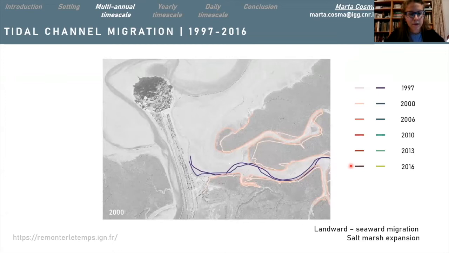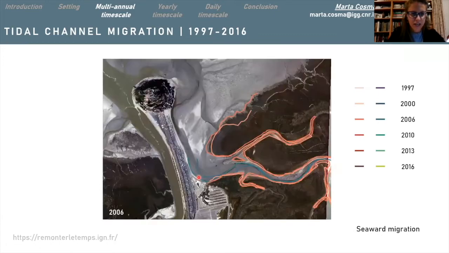So in time, what happened is that there is a general seaward migration of the tidal channel Talweg, but in some places like these, which are our study cases, there is also a landward shift of the channel in time. So there is a seaward and landward shift of the channel, and there is also an expansion of the salt marshes. Here again, you can see as time passes, there is a seaward migration of the channel and the expansion of the salt marshes.